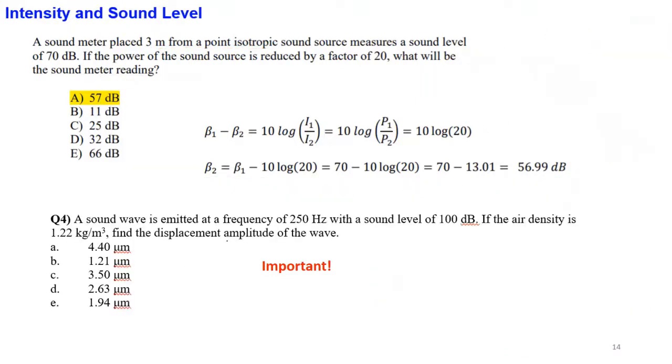Now let's go to the next question, which is very important. And I wanted to give you this as a quiz. So we have a sound wave. It's emitted at this frequency with this sound level. If the air density is this, find the displacement amplitude. So I give you the frequency, so I'm giving you omega, which is just 2 pi f. And I give you the sound level beta.